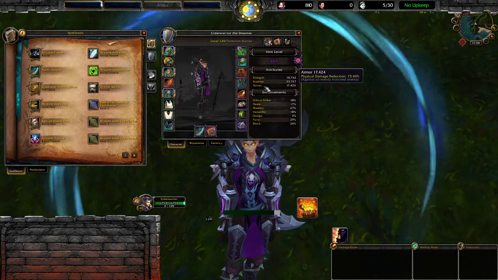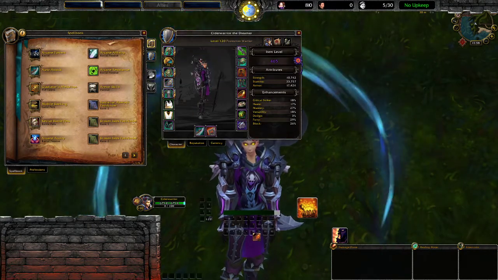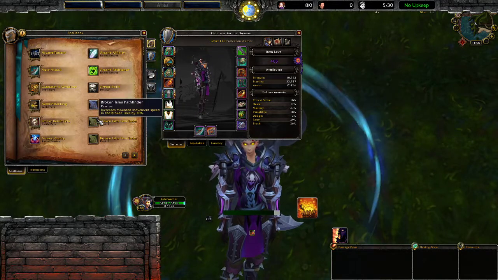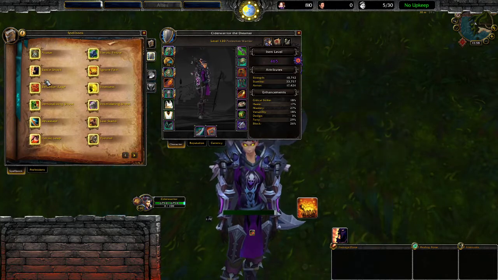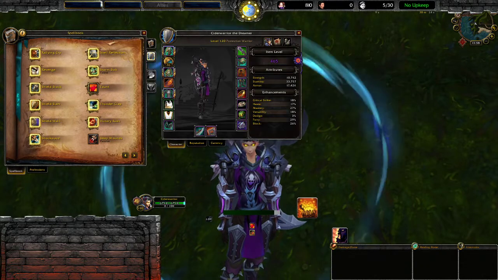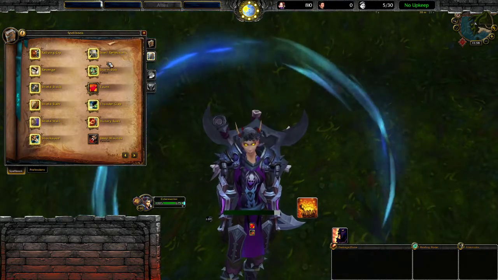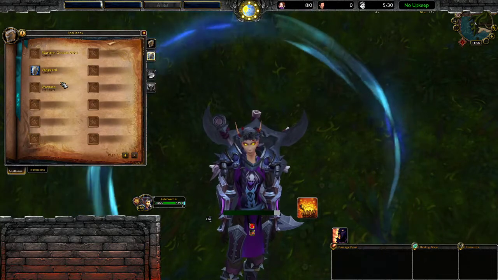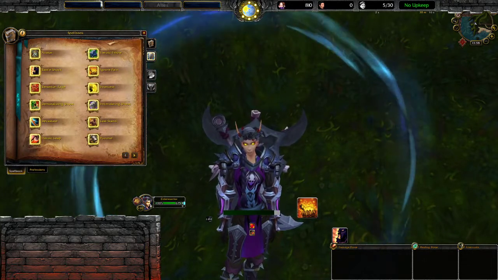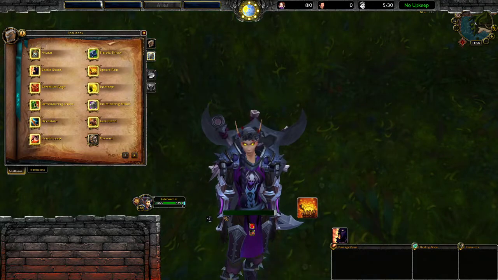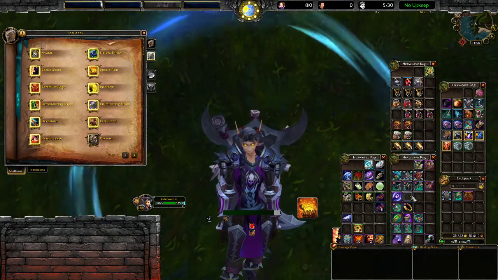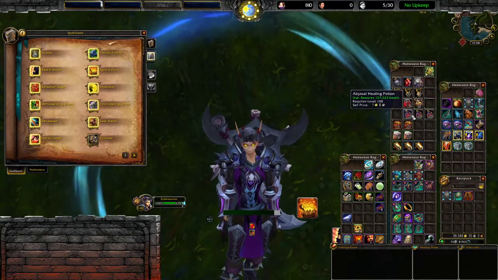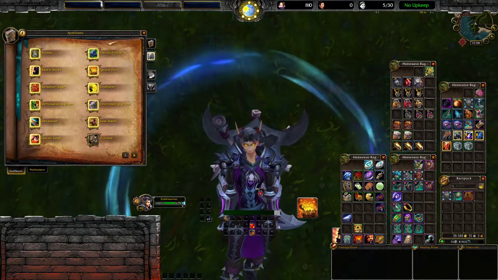My cloak will always go on what is, for my keyboard, B. My taunt will always be on T. My interrupt will always be on 1. And my potion will always be on my mouse 4.